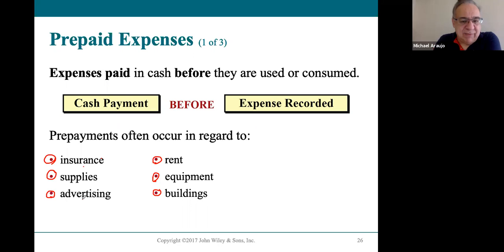You are paid up front for advertising for a period of time, say maybe 6 months. When you pay for that up front, it's your asset. But once the month has gone by and that advertising has been used, then you have an expense. So prepaid expenses start as assets. After we use them, we can expense them.